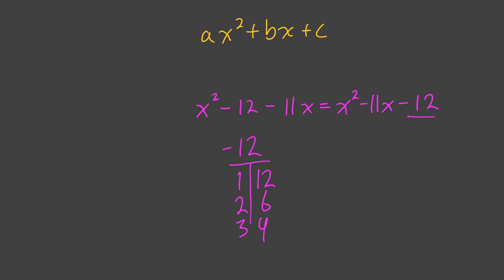Multiply to -12 and add to -11. Well, one of these factors has to be negative. If we make 12 negative and 1 positive, that would work. So x plus 1, x minus 12 would be our factor pair.